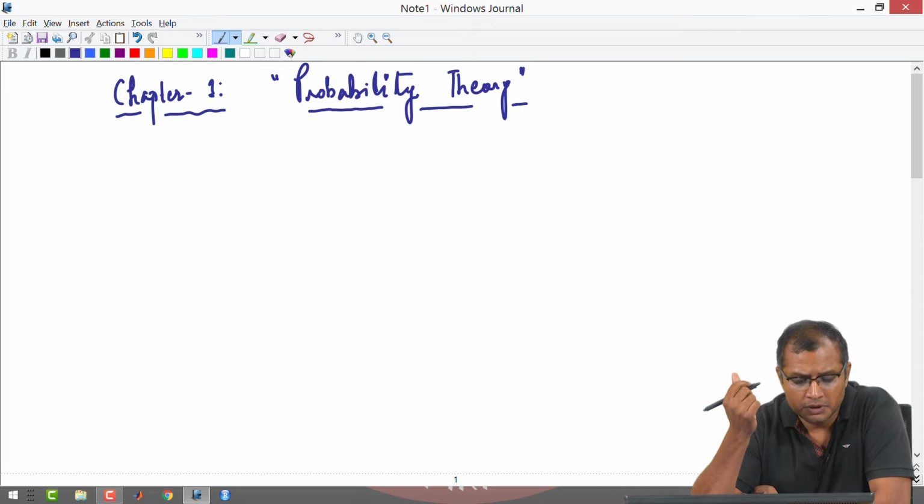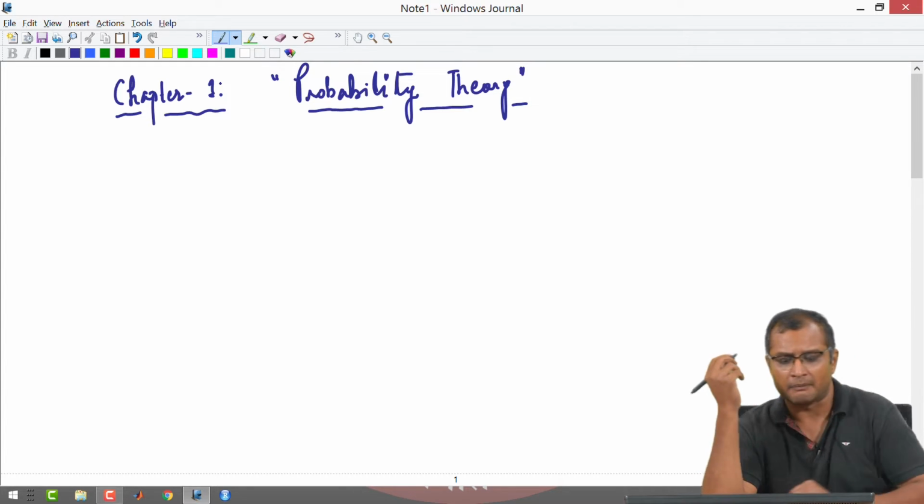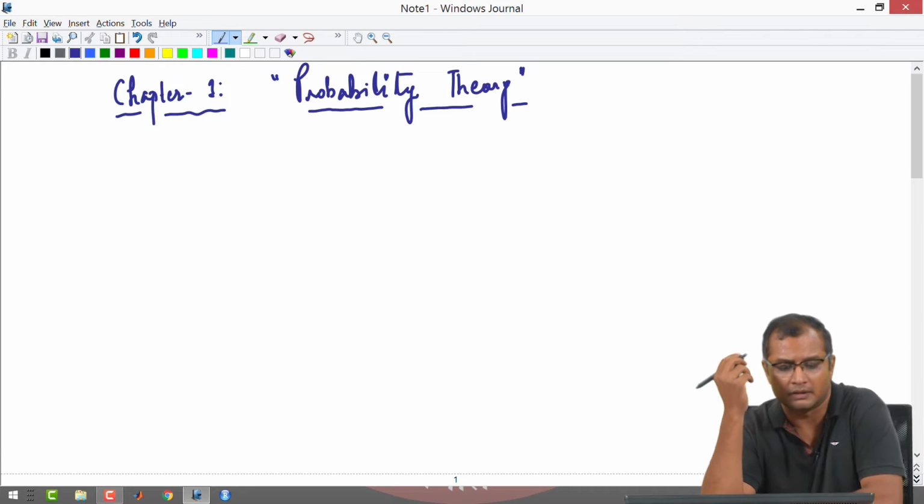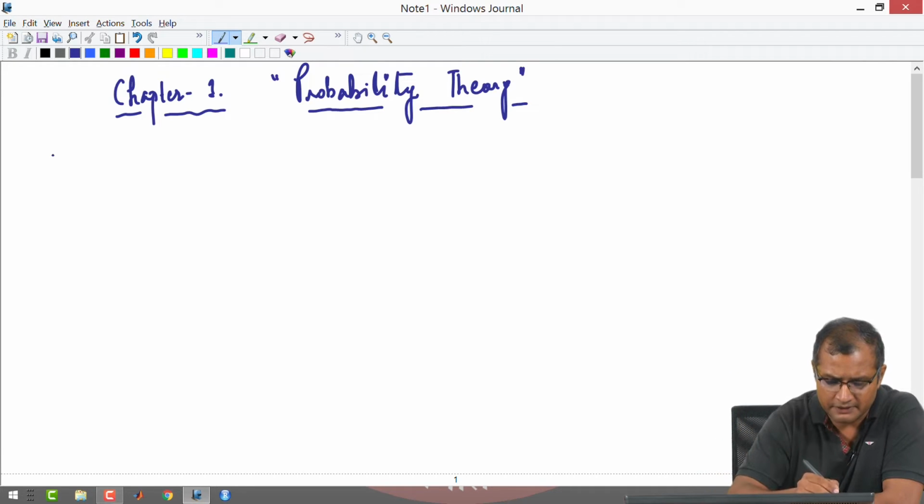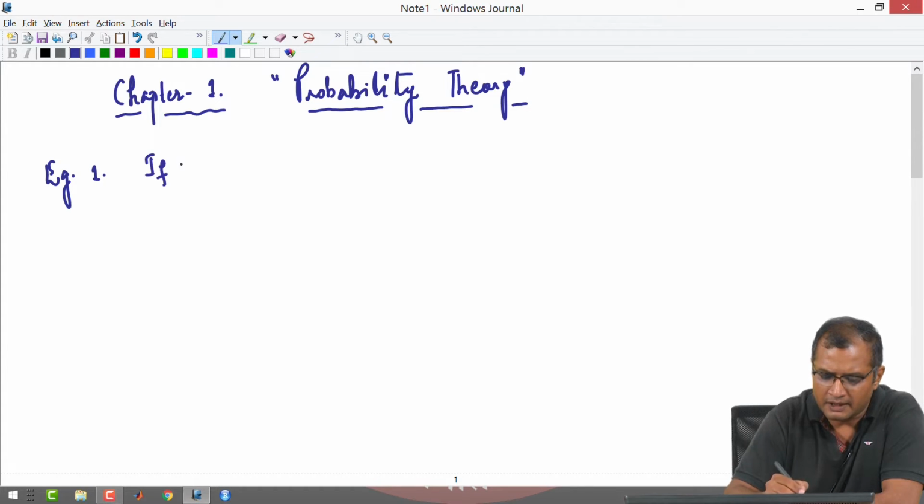And to illustrate this, I would take some very simple examples on probability theory. For example, the first example would be if you have a class of some students.